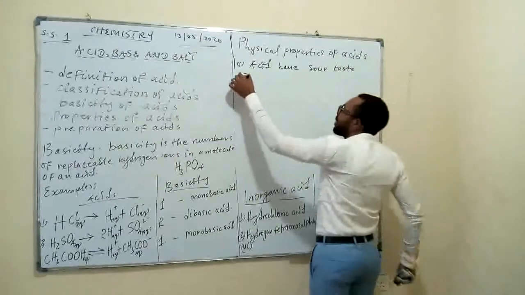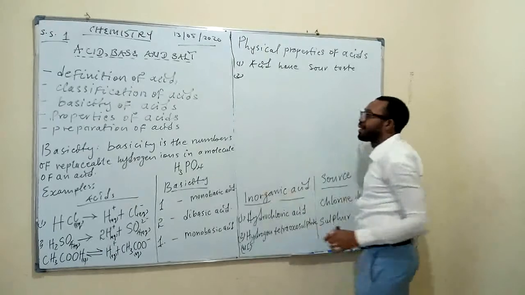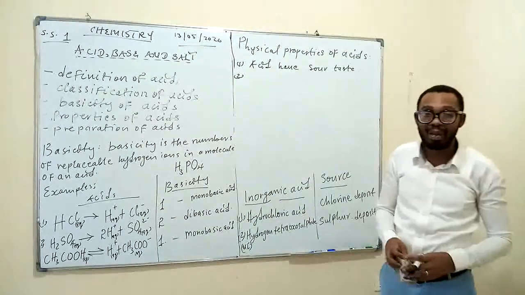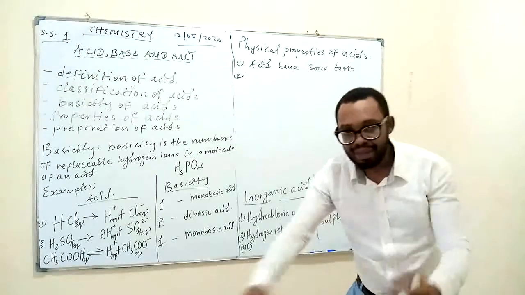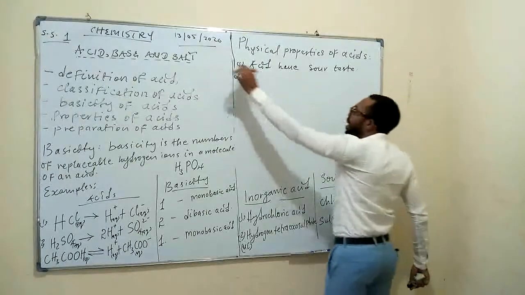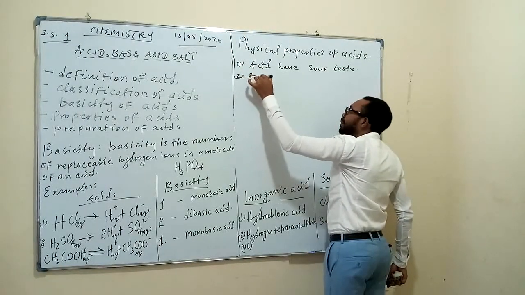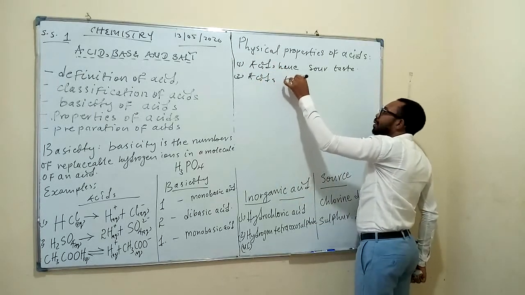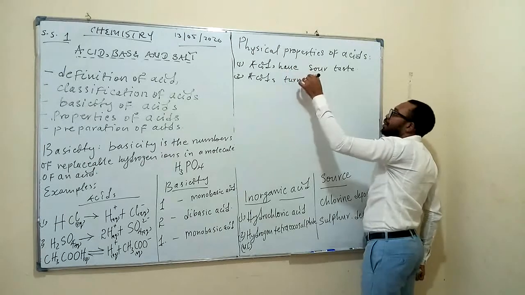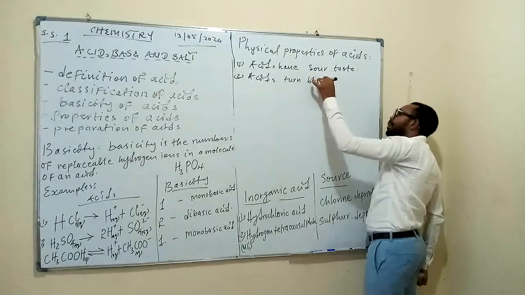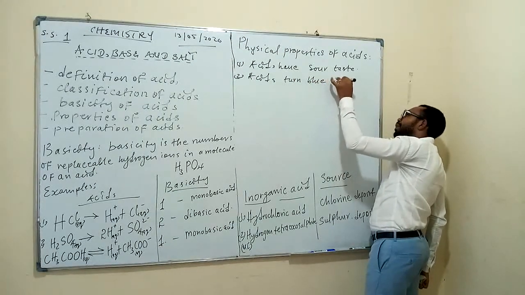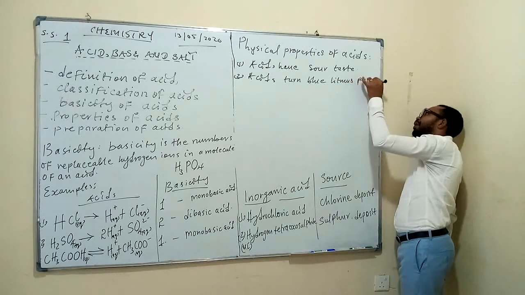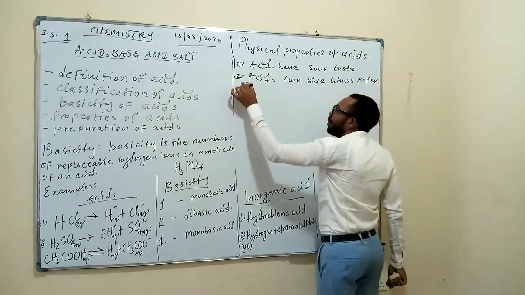Another property of acid is that acid turns blue litmus paper red.